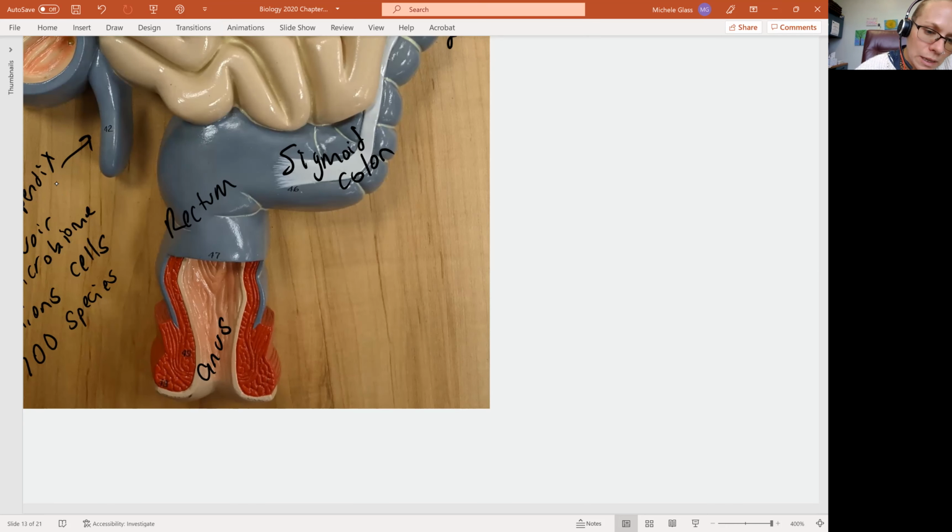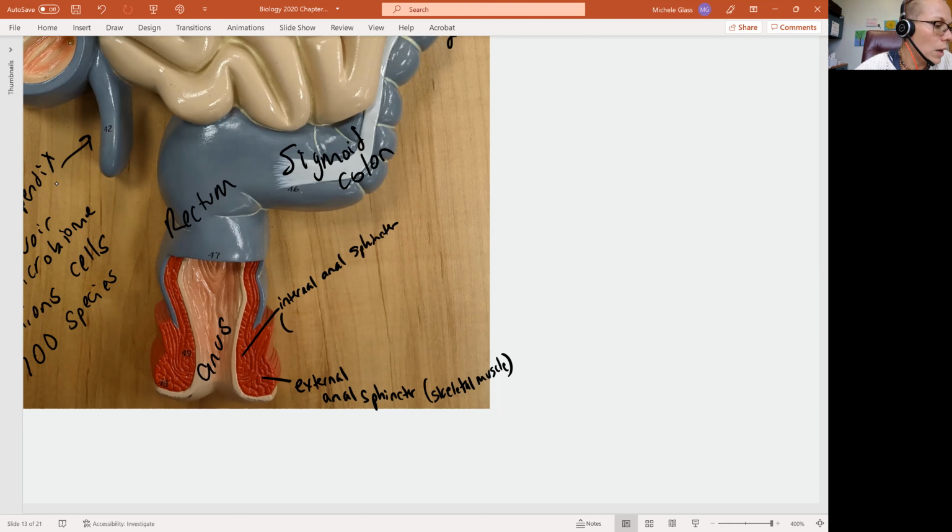We're going to see what is called the external anal sphincter. This is skeletal muscle, which does mean that you are controlling it consciously. And then we have what's called the internal anal sphincter.